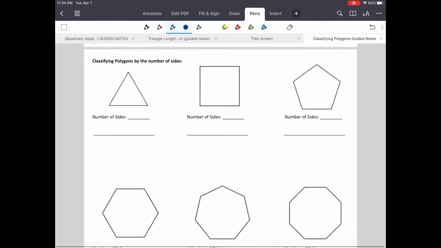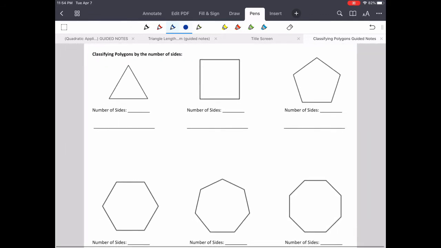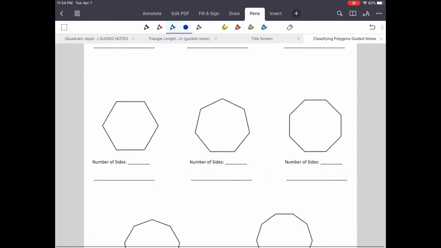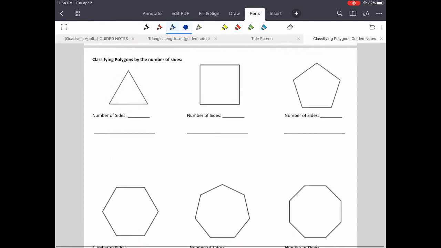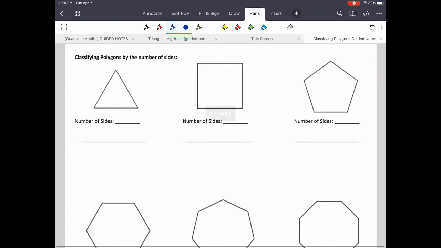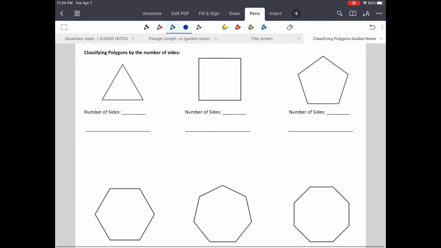Okay, next, let's talk about how to classify all the more common polygons that you guys are going to see in math, and just kind of talk about their names. Okay, so next let's go through and start classifying polygons by the number of sides and giving them the proper name. Of course this one, and I'm starting in order here with the fewest number of sides, which is 3, and obviously that is called a triangle.